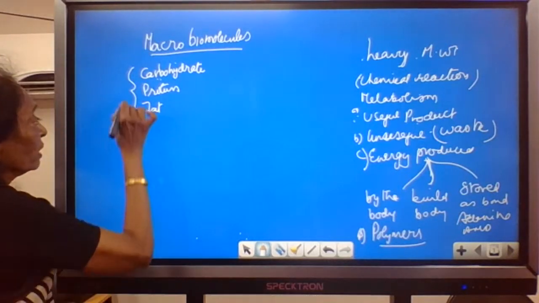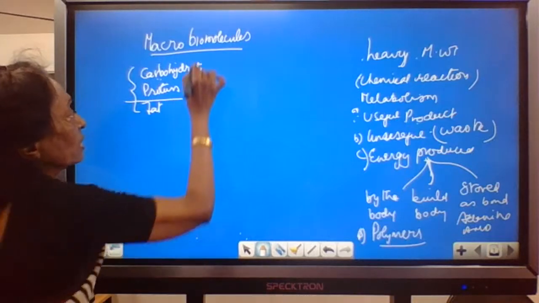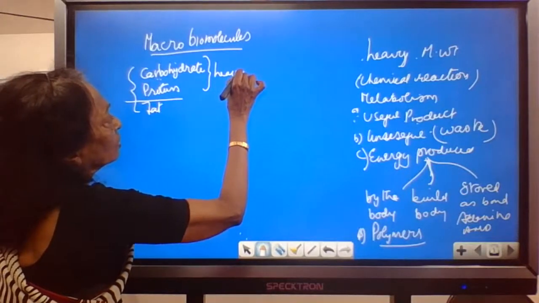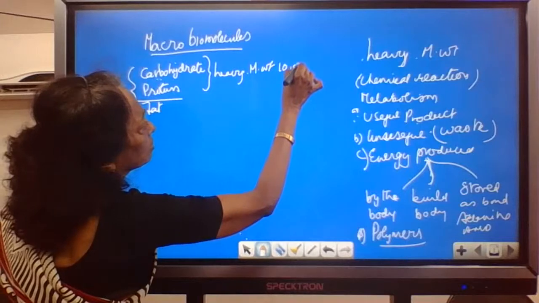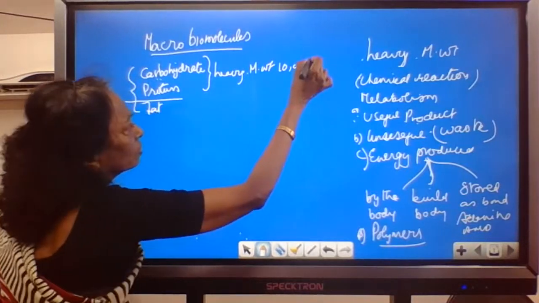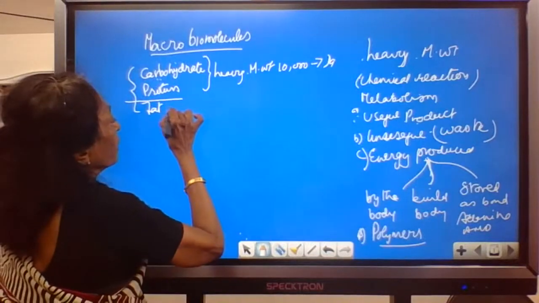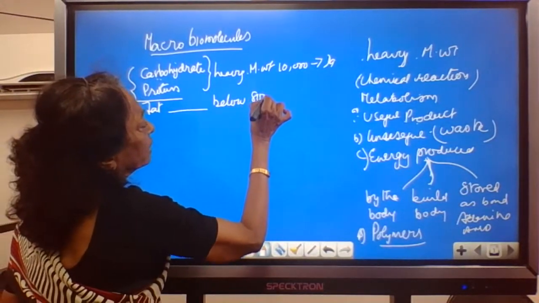Alright. Now in this, the fat is an exemption because the other two have a heavy weight, that is they are 10,000 Dalton and above. But the fat is below 800 Dalton only.